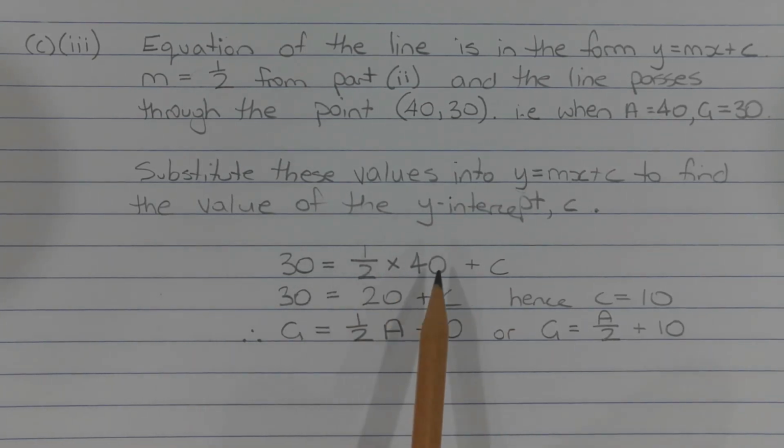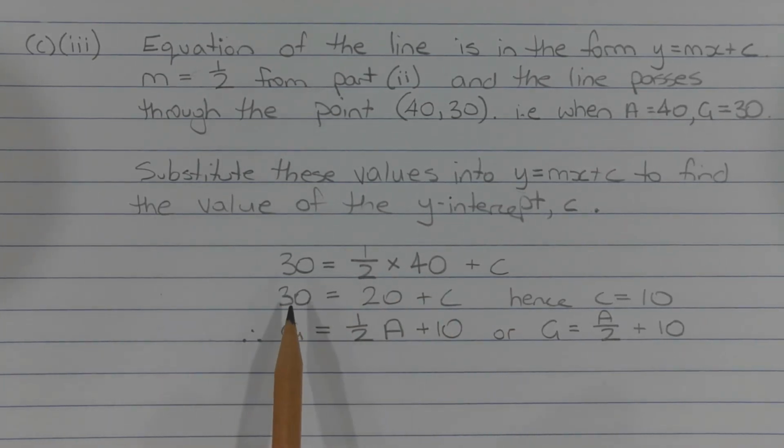Half times 40 is 20, so the equation becomes 30 equals 20 plus c, hence the y-intercept c equals 10. Therefore the equation is capital G equals half times capital A plus 10, or capital G equals capital A over 2 plus 10. Either answer would be sufficient.